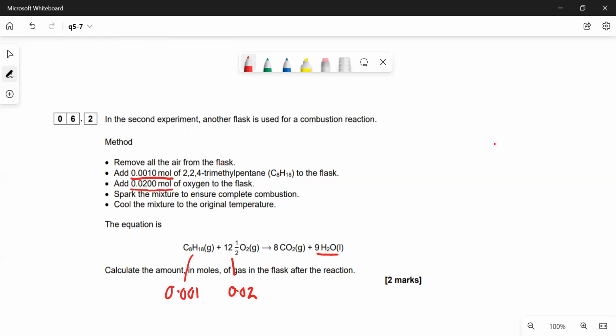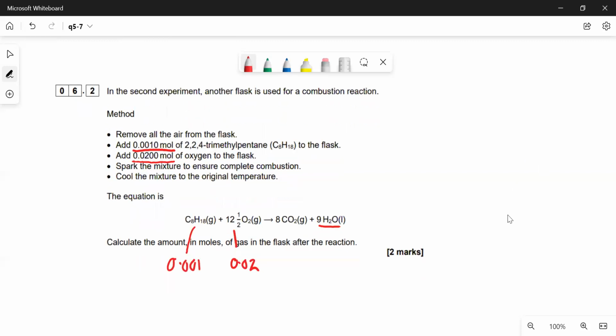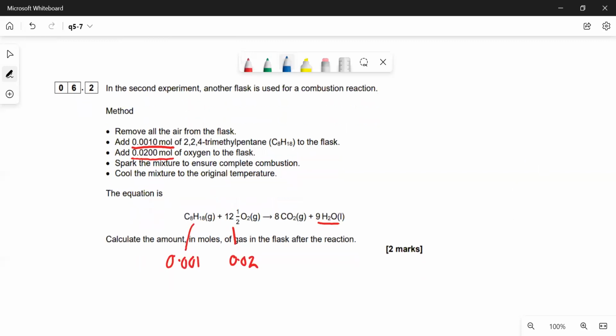How much oxygen is going to be used up? So, moles of oxygen used. 1 mole of that needs 12.5 moles of oxygen. So it's going to be how many moles? We've got 0.001 multiplied by 12.5, which gives us 0.0125 moles of oxygen used.